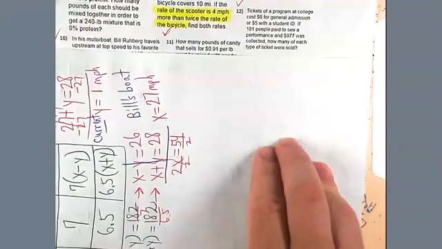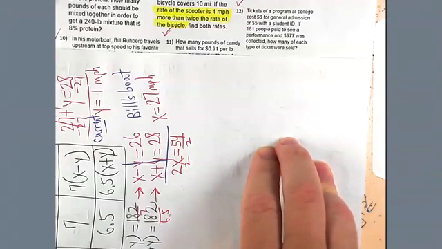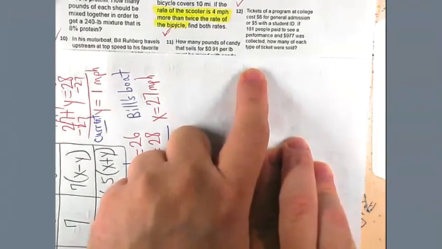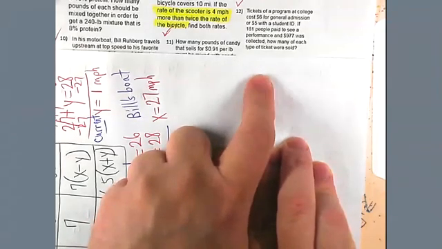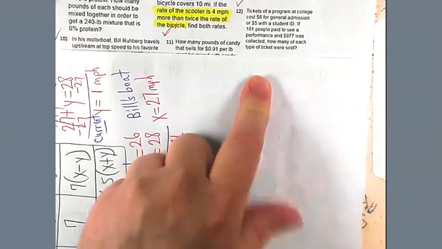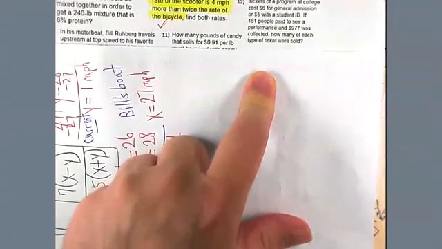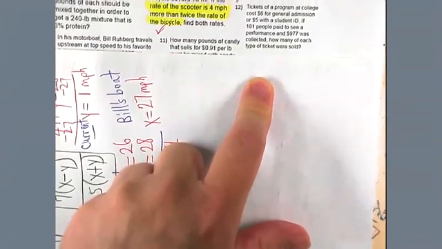Tickets of a program at college cost $6 for general admission or $5 with a student ID. If 181 people pay to see a performance and $977 was collected, then how many of each type of ticket were sold?